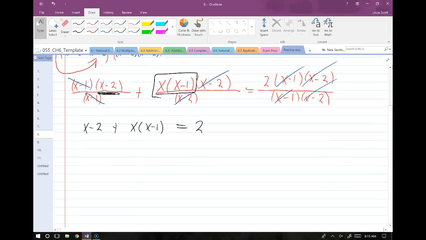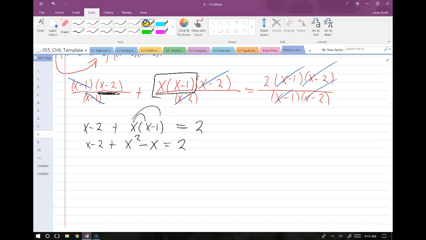So now I want to distribute everything and basically create a problem that I can solve here. So I have x minus 2 plus x squared minus x equals 2.